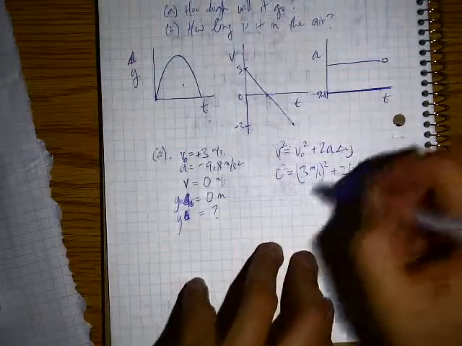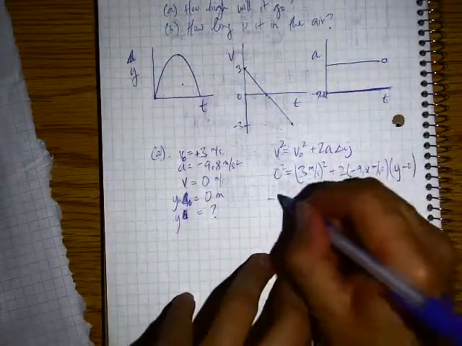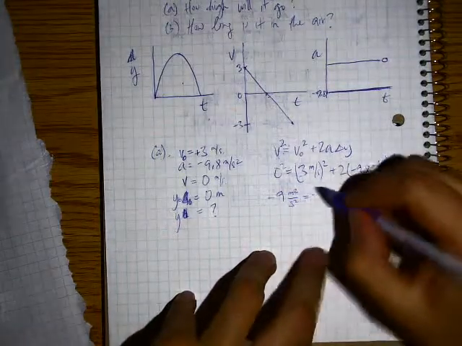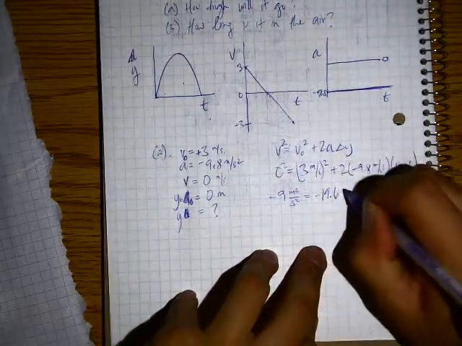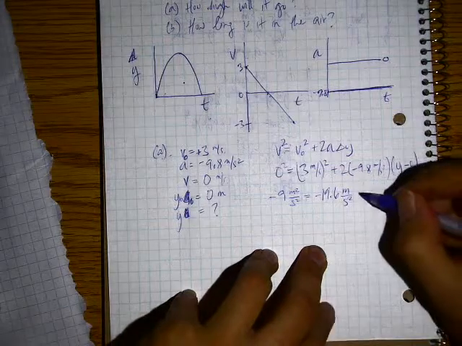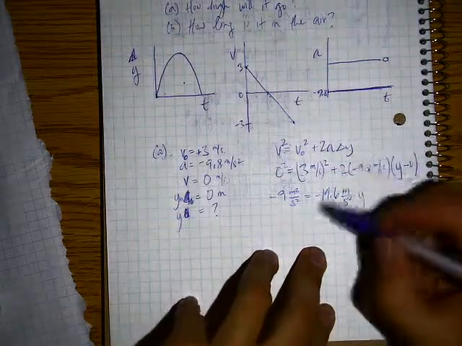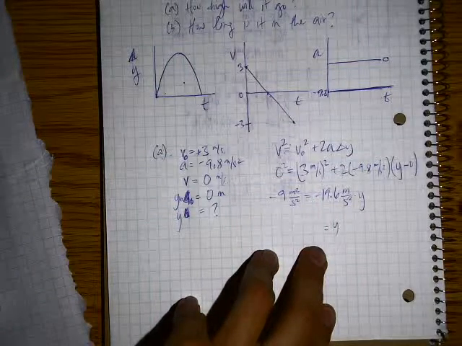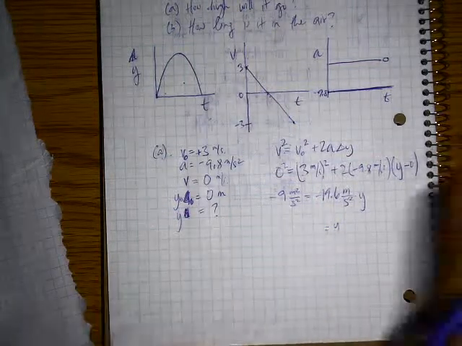Solve that out. We can subtract this over, so we have -9 meters squared per second squared equals 2 times that is -19.6 meters per second squared times y. And so y will just be -9 divided by -19.6.